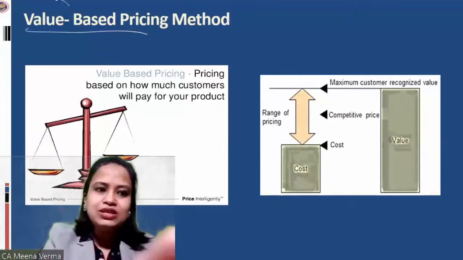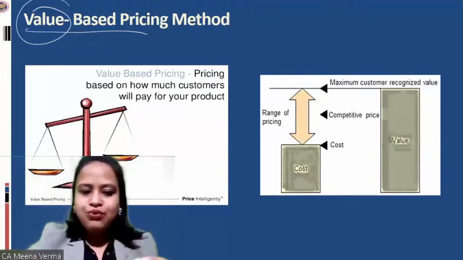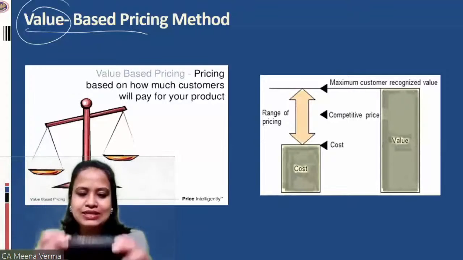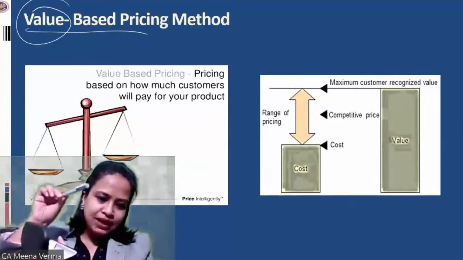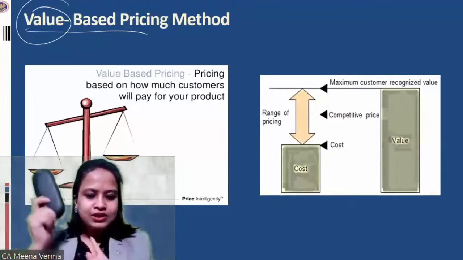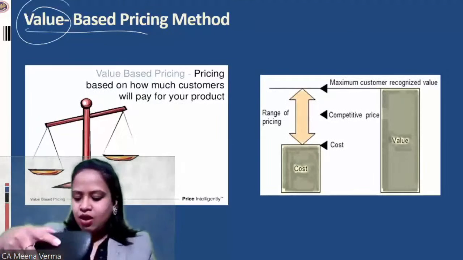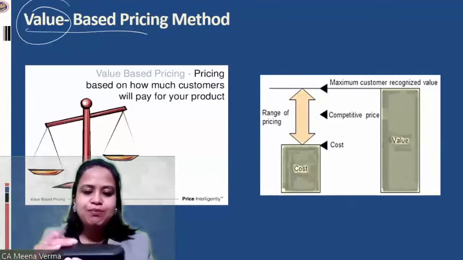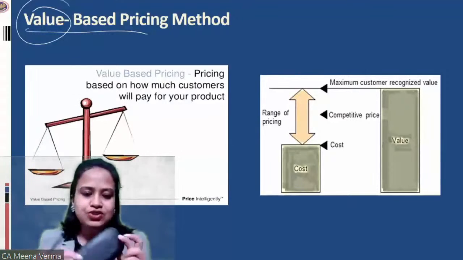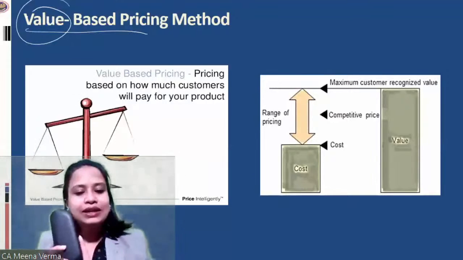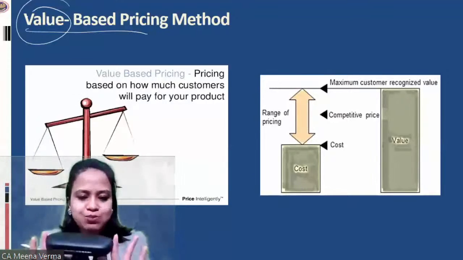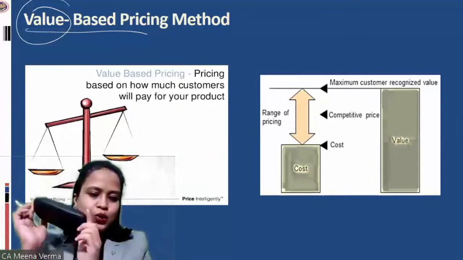We all know value means what? See, if I go to the market and sell this box, in this box I keep my pen. This is a box for keeping my pen. Now for example, I am a producer or a manufacturer of this kind of box, and in the market, I want to sell this box for 20,000.